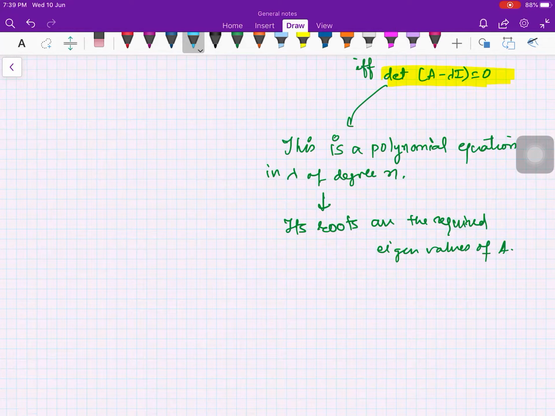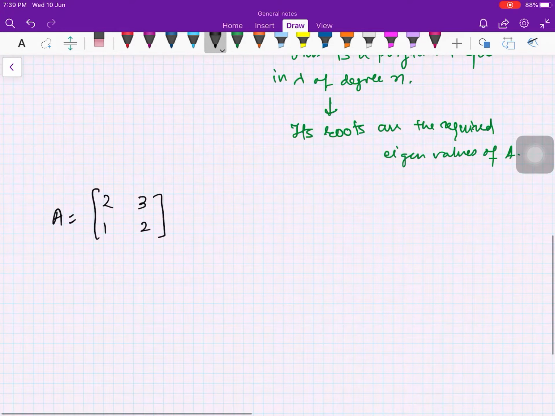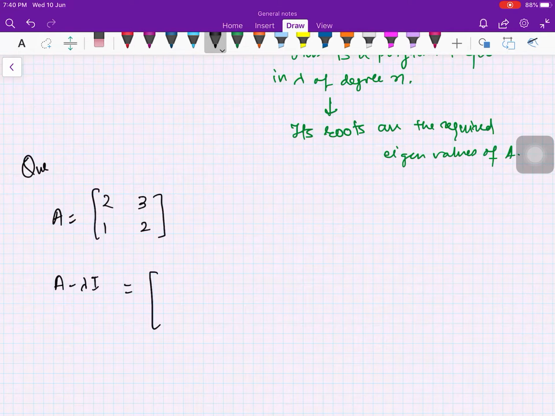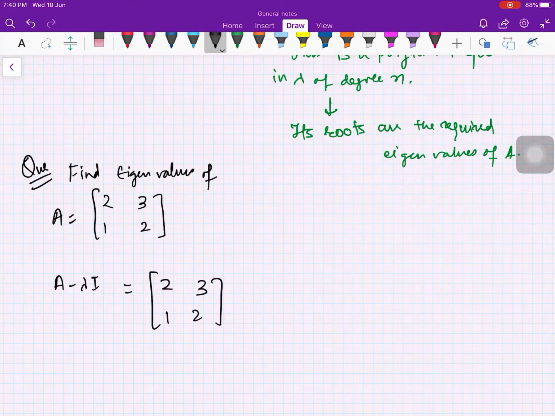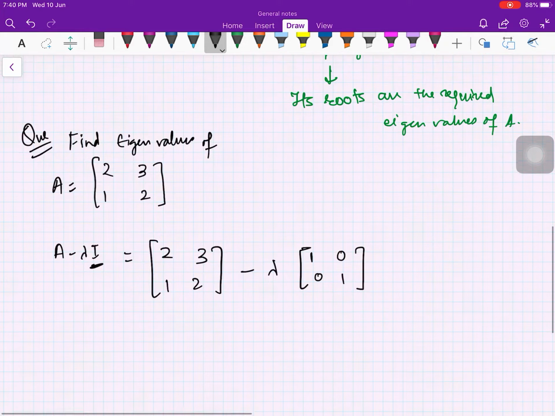I'll give you an example. Suppose you have the matrix A equal to [2 3; 1 2], and I want to find its eigenvalues. Here we are talking about matrices.